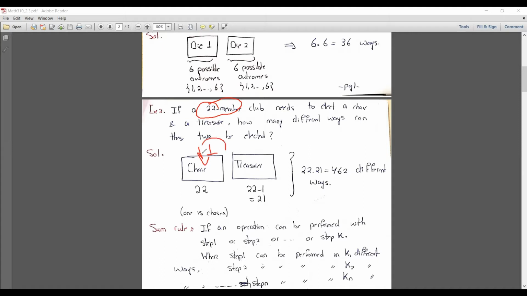Can we choose this one again? Of course not. So how many options do we still have right now? We have 22 minus the 1 that we chose as a chair. So we have 22 for the chair, 21 for the treasurer. Then we're going to have 22 times 21 different ways using the product rule.